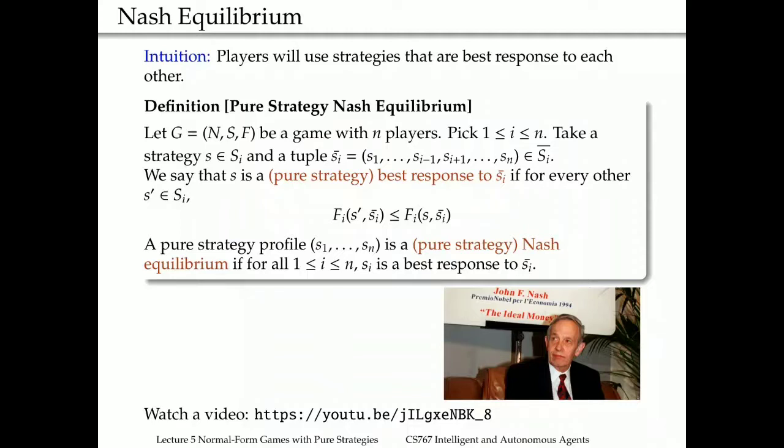This leads to the definition of best response. Suppose we have a static normal form game. We take a strategy and also a tuple of opponents' strategies.